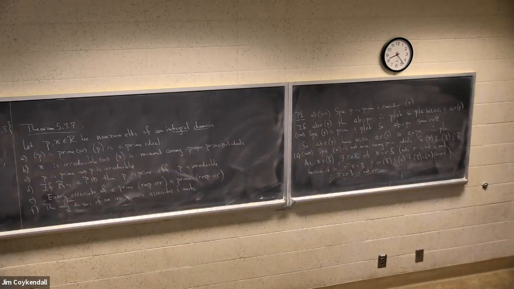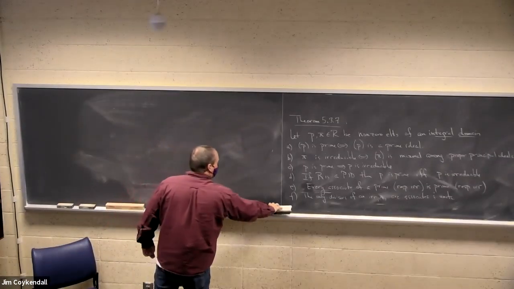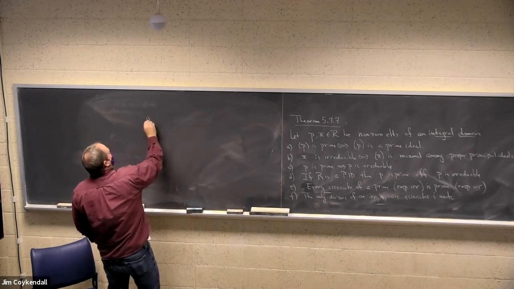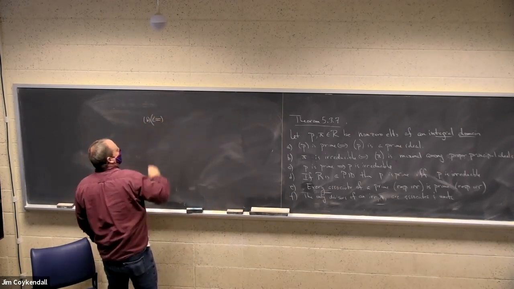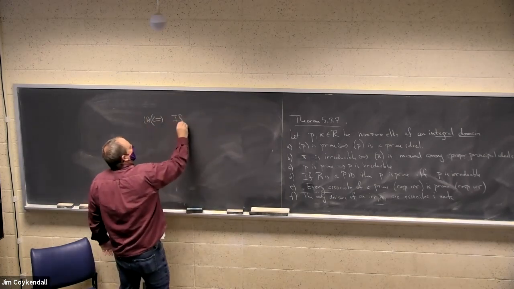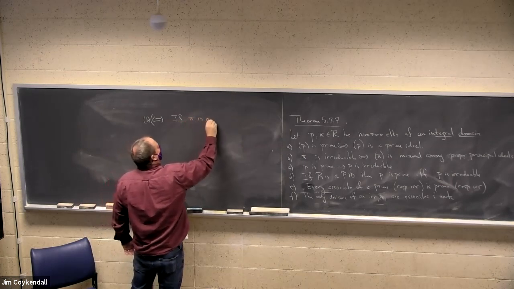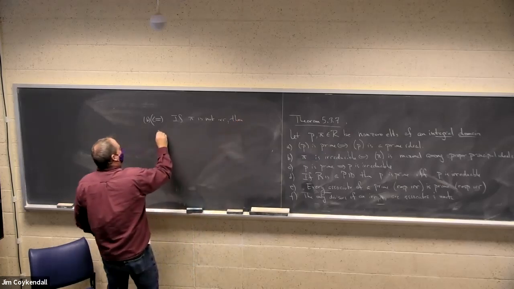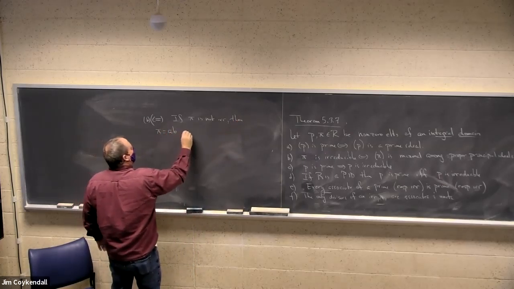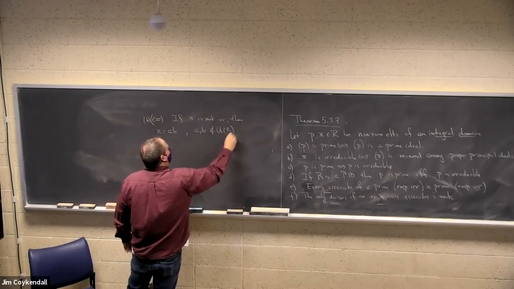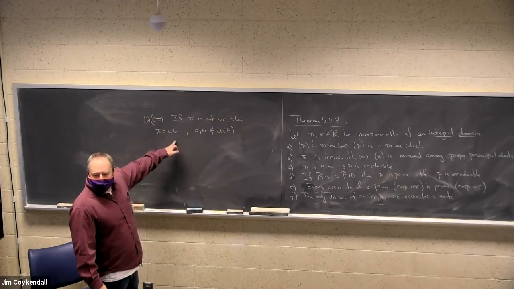Now we want to show the other. I'll do the contrapositive again. Let's assume that pi is not irreducible. Then pi is AB with A and B not units. So these are proper divisors, if you will.